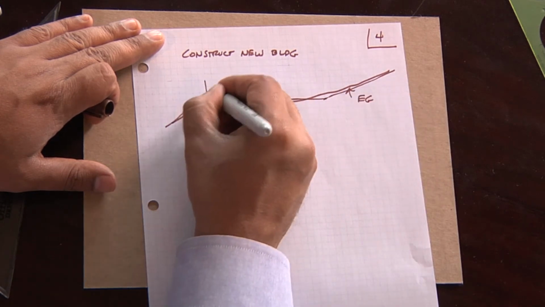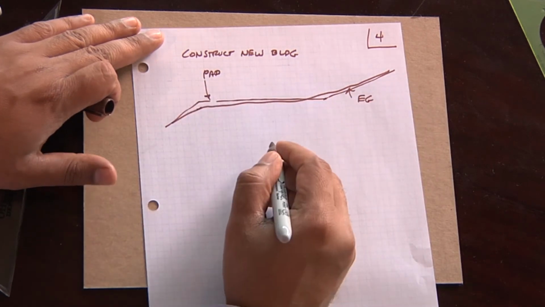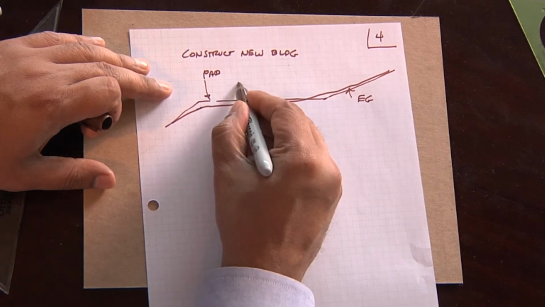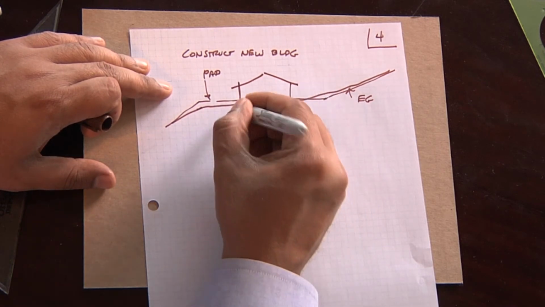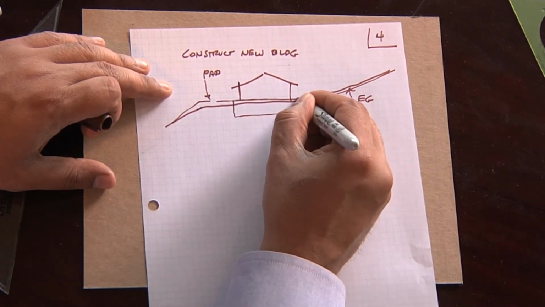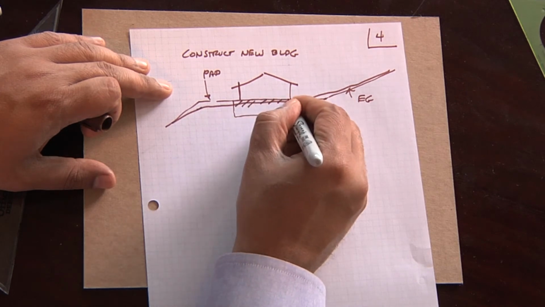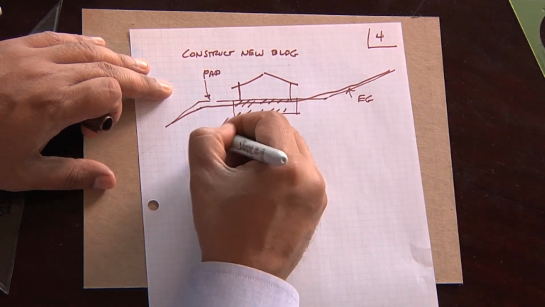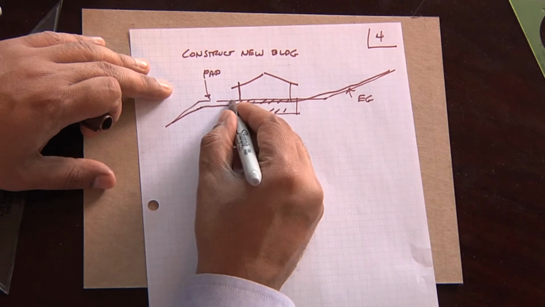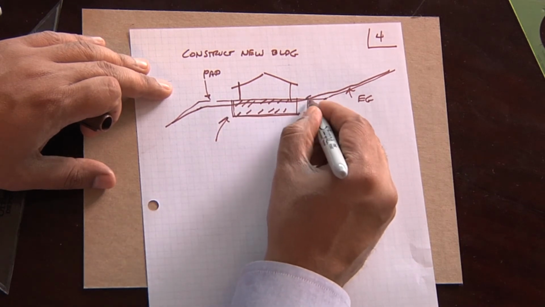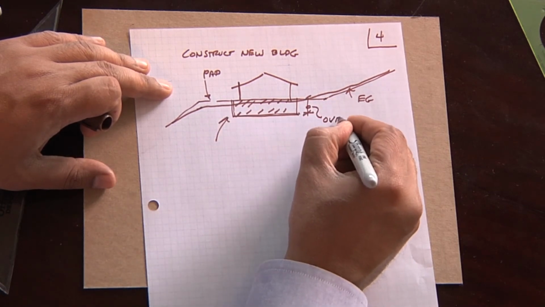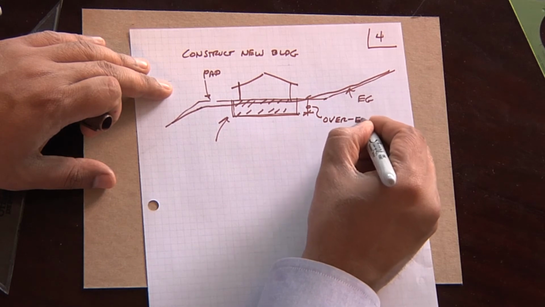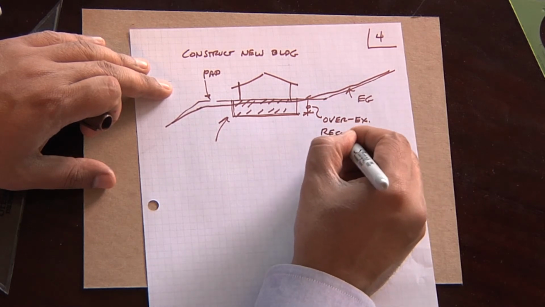In creating that level pad, what's required before you can put your building up is you have to create a pad which is certified. That certified pad usually requires some level of what we call over-excavation. It's called over-excavation and recompaction.